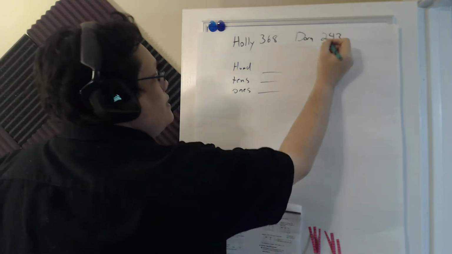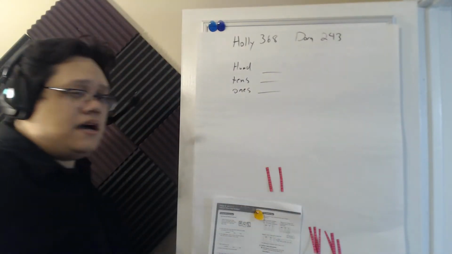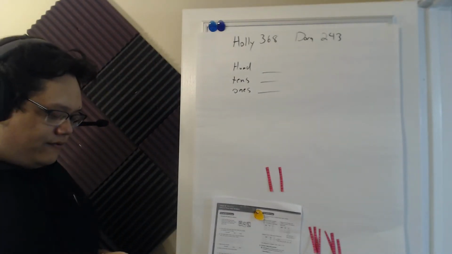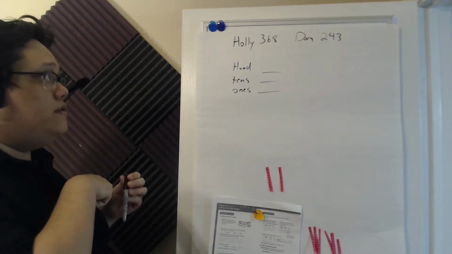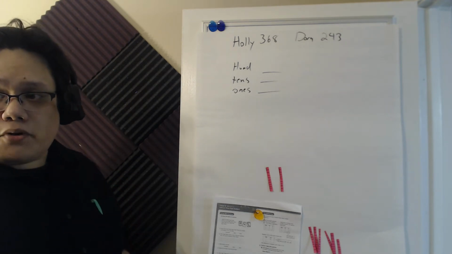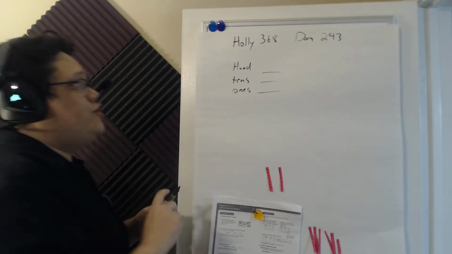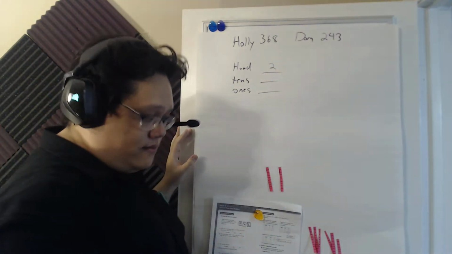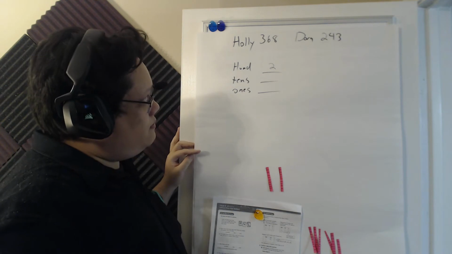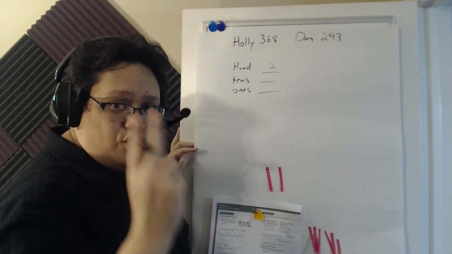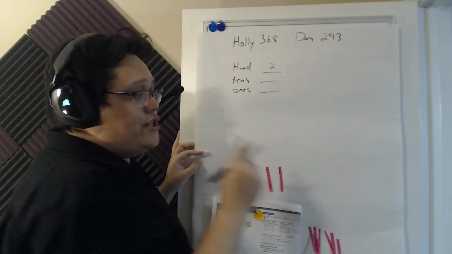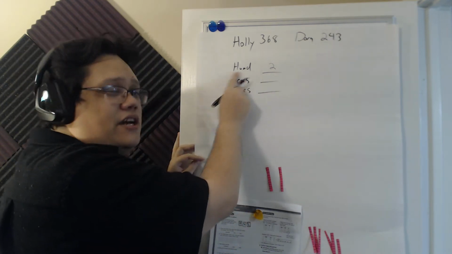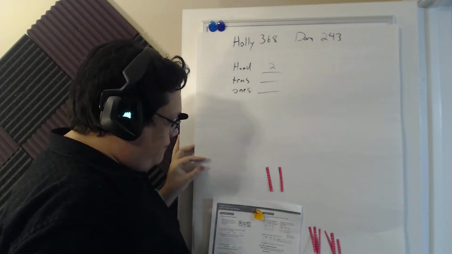How many hundreds does she have? Remember, looking down at your paper if you can't see up here. She has 200s. I'm not writing 200. I'm writing that she has 2, and here it says hundreds. Just like on your paper, okay?